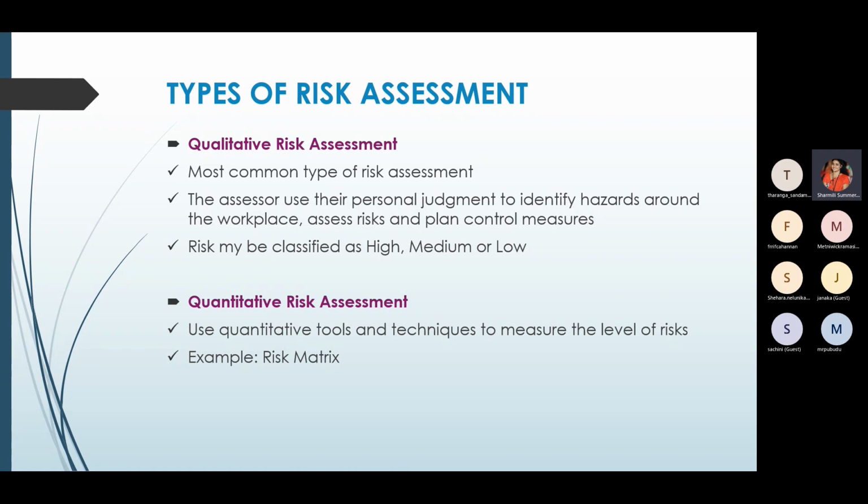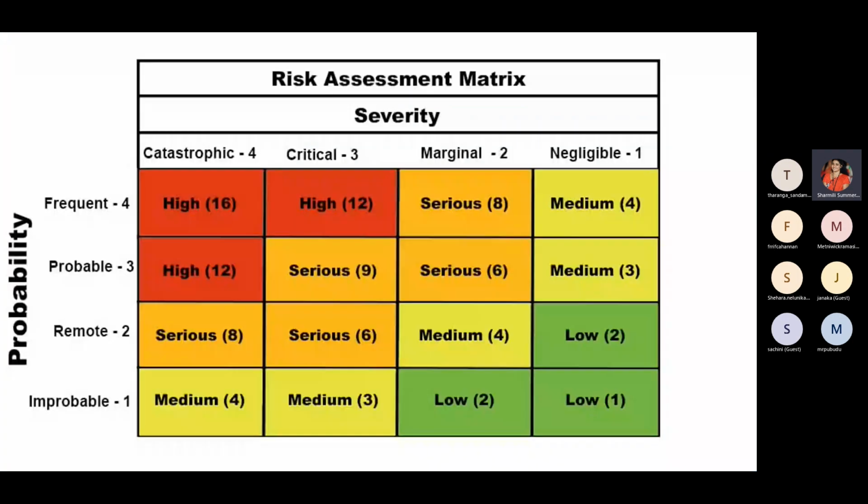The most common assessment tool that we use to measure risk is the risk matrix. Here, this is the risk assessment matrix. It maintains the probability as well as the severity. Severity means how severe the risk is when it occurs. Probability means chances.